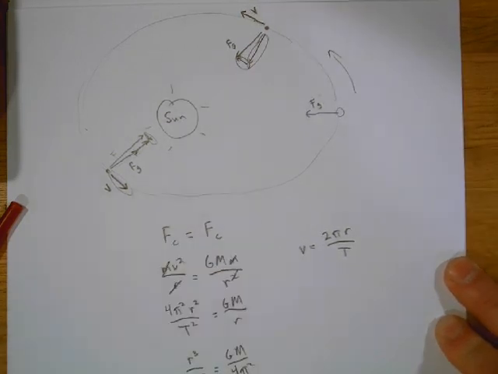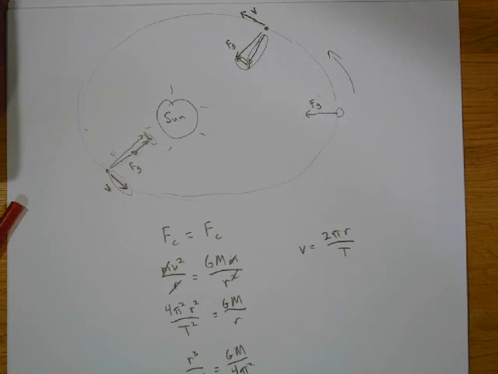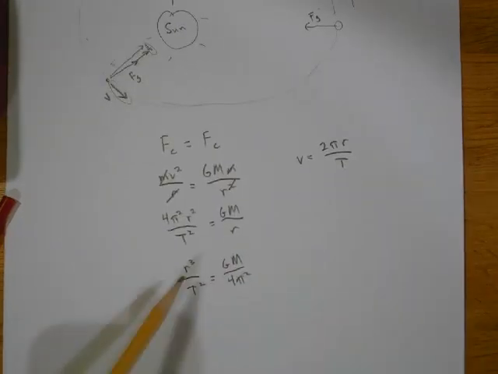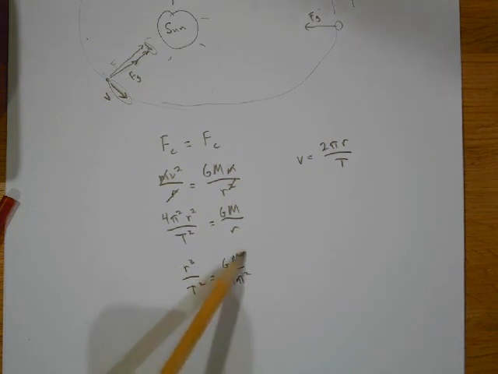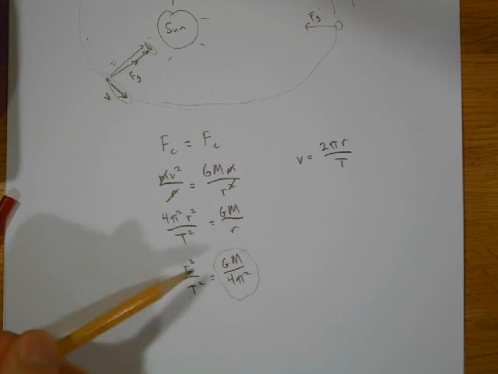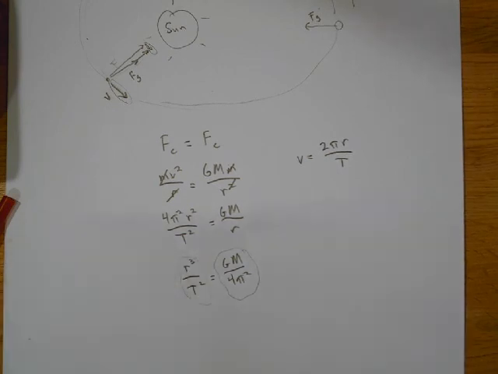And now I can cross multiply, and I get r cubed over T squared equals GM over 4 pi squared, which means for everything in my system orbiting around, this is going to be the same.